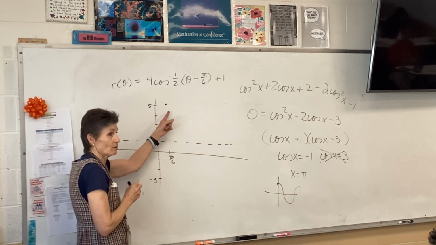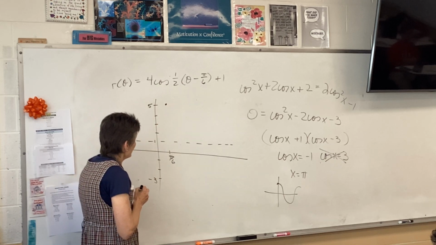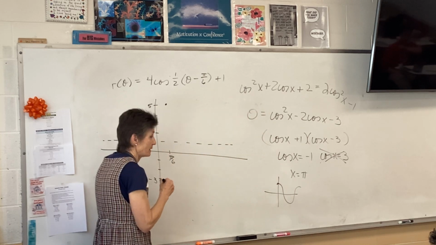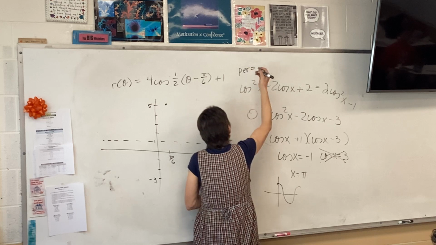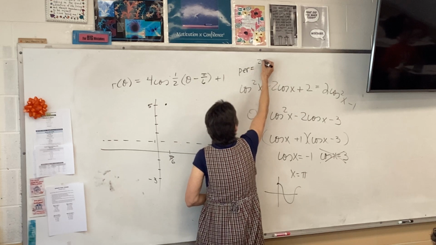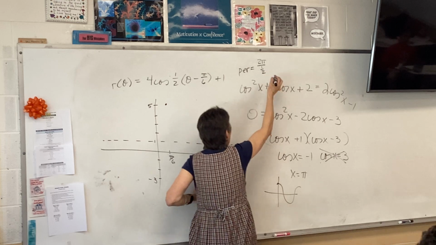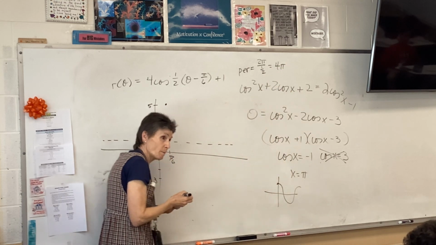So that's where my curve's going to start, right there. Now I know what shape it's going to have. I'm going to figure out what the period is. So my period is supposed to be 2 pi, but I've divided it by 1/2, so now my period is 4 pi, right?